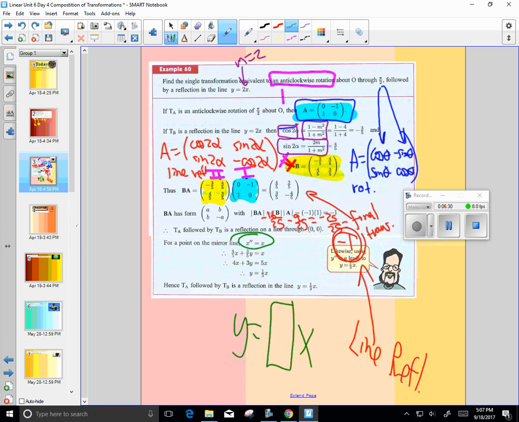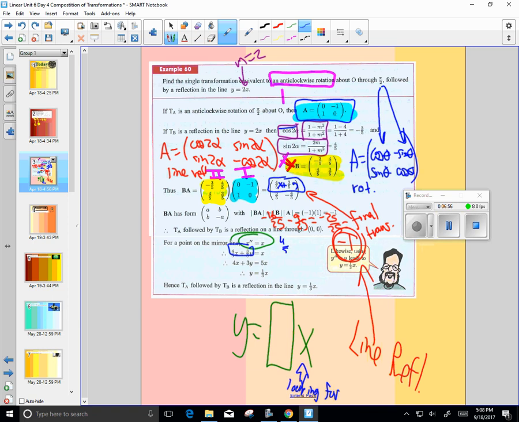I'm not sure how they're able to say that, except maybe that this is what I'm looking for. Okay, and this is the formula to find it. 4/5 x plus 3/5 y, and they're setting that equal to x.